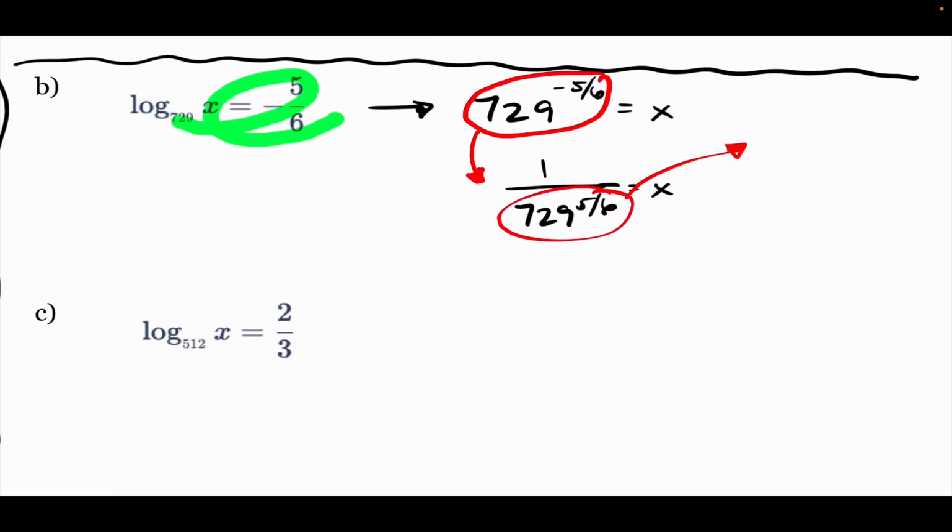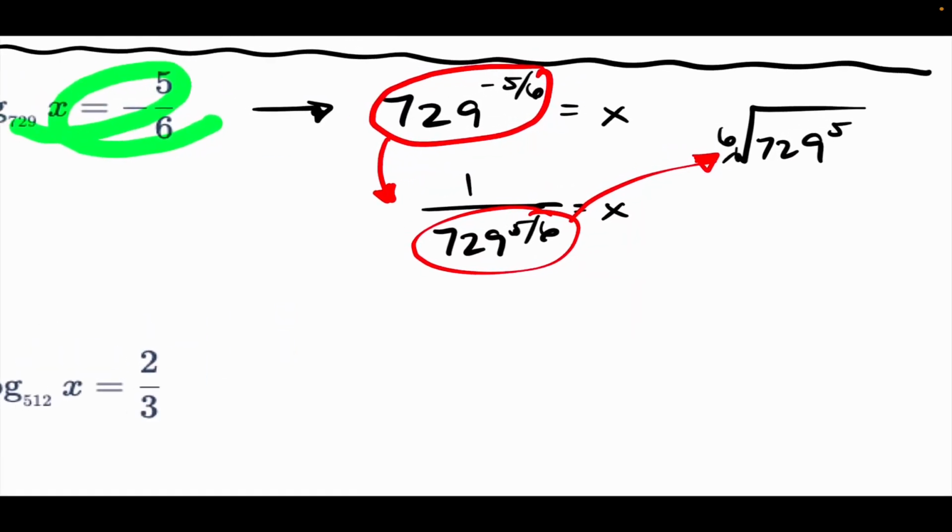That means I have 5 power, 6 root. 729 to the 5th power. So that means I have 729 times 729 times 729 times 729 times 729. So what I've got to do is break down 729 to look for groups of 6.